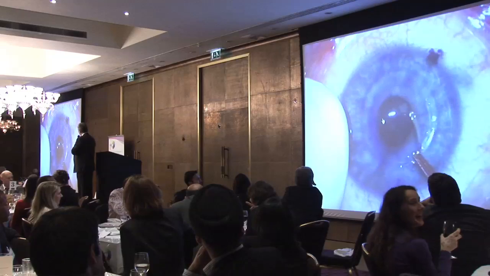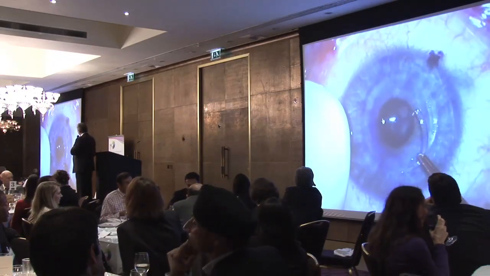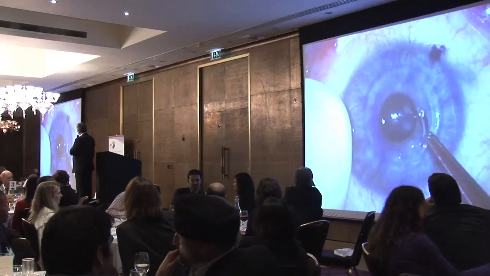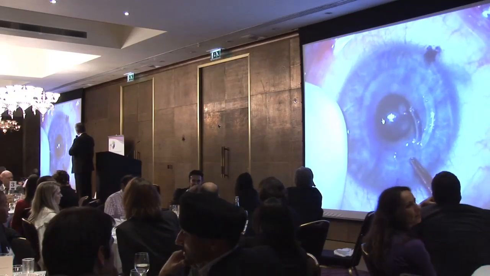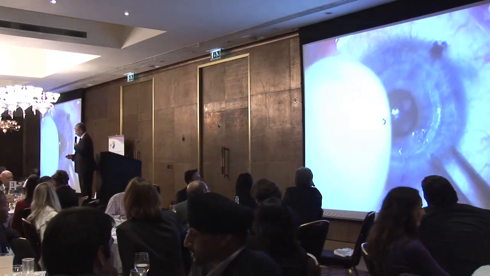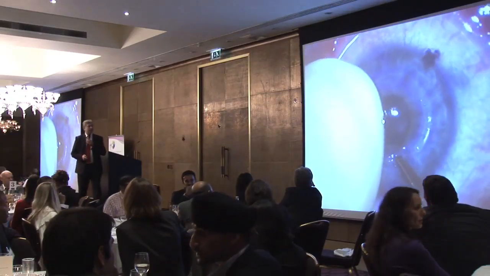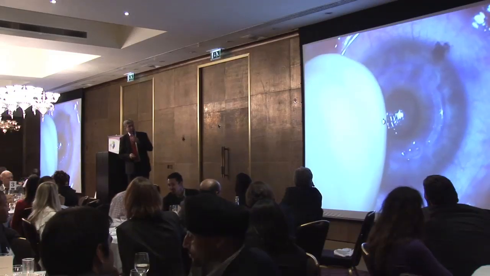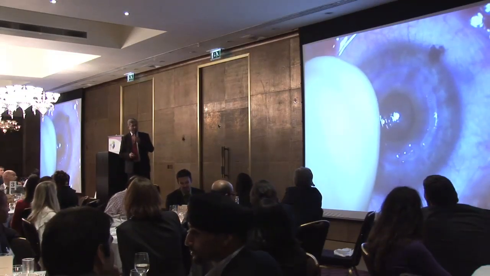The thicker the ring, the more effect we have, and the closer the ring is to the pupil area, also we have more effect. Basically this is a procedure for roughly 10 minutes.